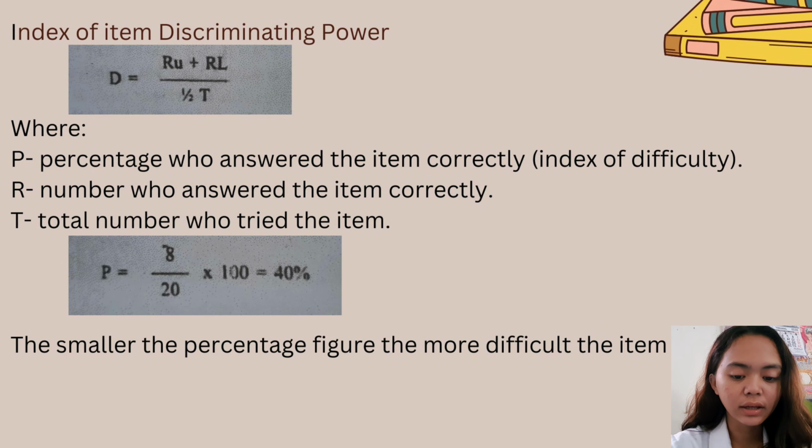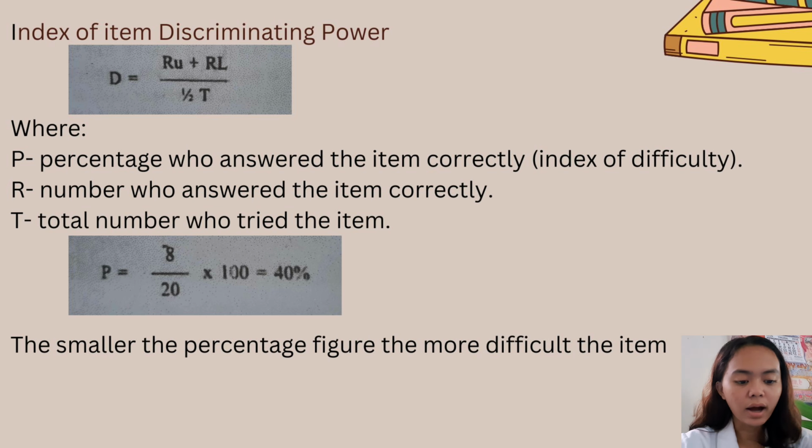So P is equals to 8 divided by 20 times 100 is equals to 40%. Ang example na ito ay ang ginamit na formula is index of difficulty.